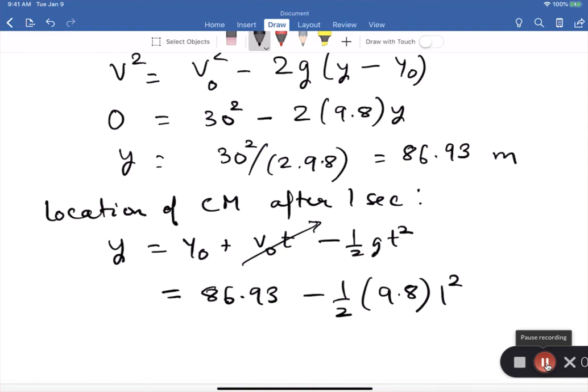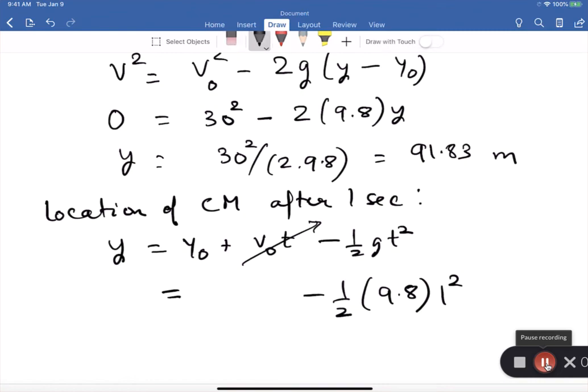So let me just fix that. I'm sorry about that. This should be 91.83. You see, I'm so used to you guys correcting my mistakes that it's difficult to do it all by myself.